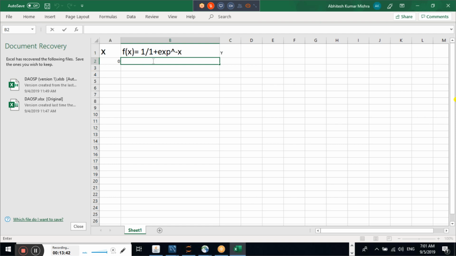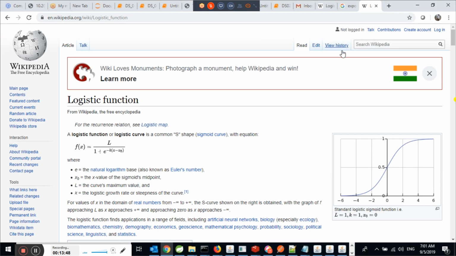So let's suppose instead of x, I'm putting in the formula, which is 1 by 1 plus exponential of minus x.